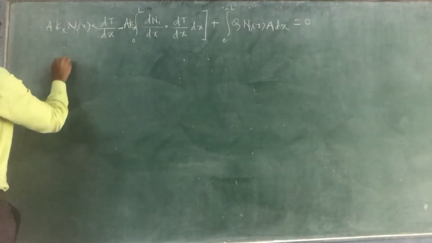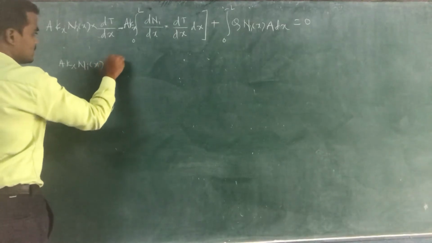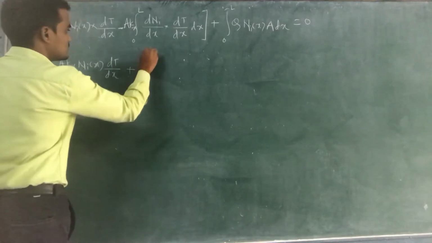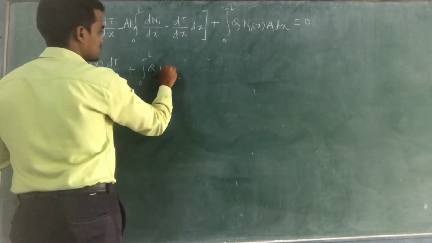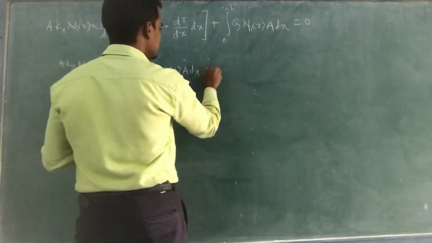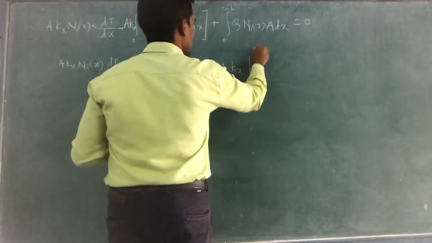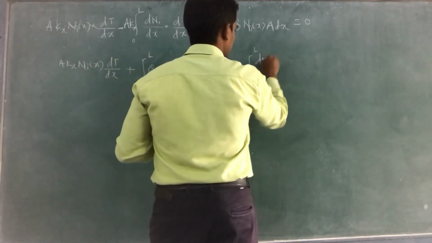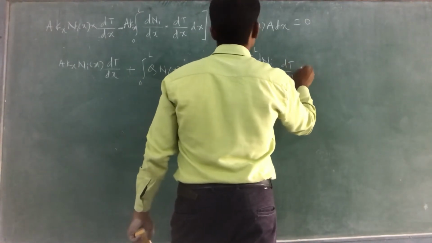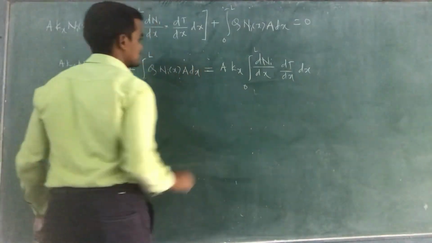So this will become a kx Ni of x into dt by dx, plus integration from 0 to L of Q times Ni of x into area dx, is equal to a times kx integration from 0 to L of d Ni by dx into dt by dx into dx. Okay, so in this way we can write these terms.